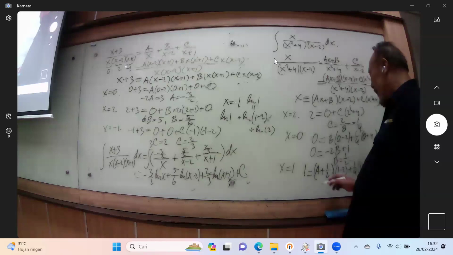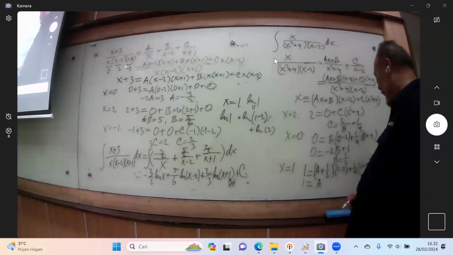So we have 1 equals minus a minus half plus 5 divided by 4.